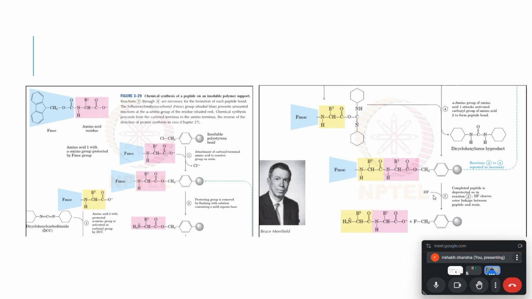Now this process continues if we have to add more amino acids. Then the complete peptide is released from the solid phase matrix by the addition of HF, which cleaves the ester linkage between the peptide and the resin. So this is the whole procedure of the chemical peptide synthesis that we use.